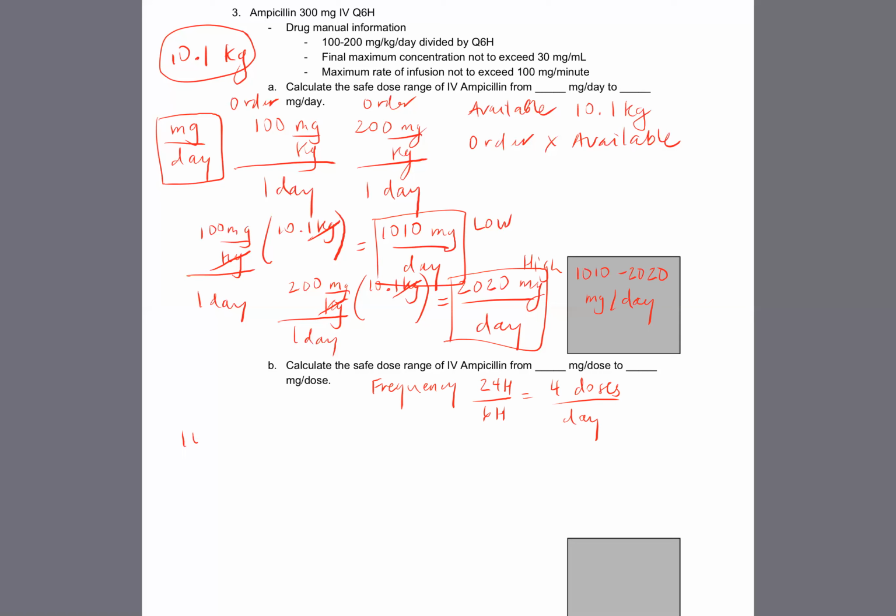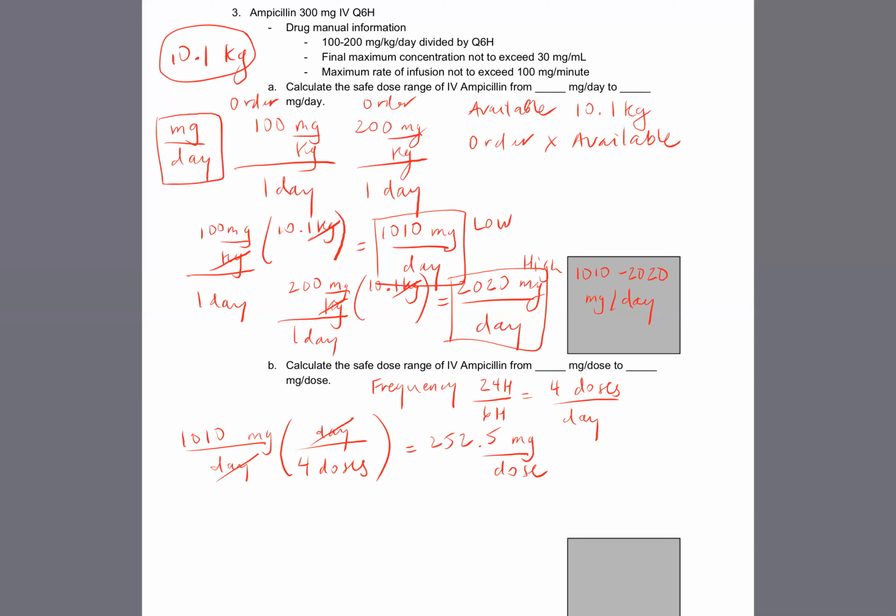We have 1010 milligrams per day, and you want day in the numerator, so the day unit cancels, and you have 4 doses. So take out your trusty calculator. 1010 divided by 4 is 252.5 milligrams per dose.